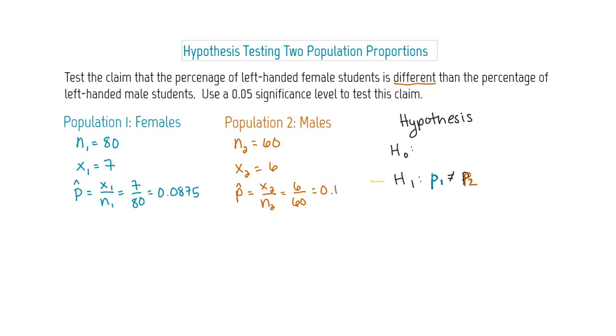So I'm going to go ahead and put my arrow next to that hypothesis because that is my claim. And our null hypothesis must contain equality and contradict the alternative hypothesis. So that's going to say that the proportion of female left-handed students is equal to the proportion of male left-handed students. Let's go ahead and write each of those claims not just in symbolic form, but in words as well.